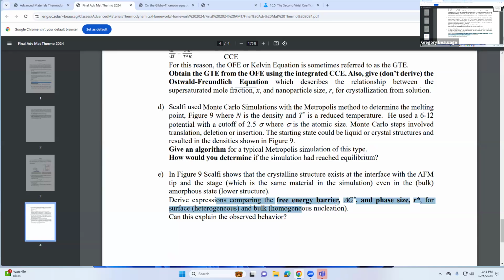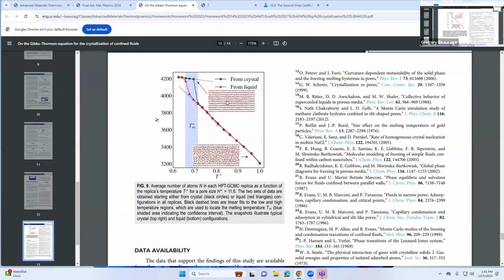If you have a surface that nucleates the crystallization, in heterogeneous nucleation it's half the energy barrier. That means it's going to be much easier to crystallize, which could explain why he gets crystals forming, and it might have nothing to do with Gibbs-Thompson.